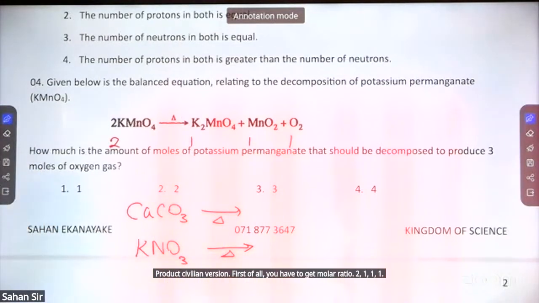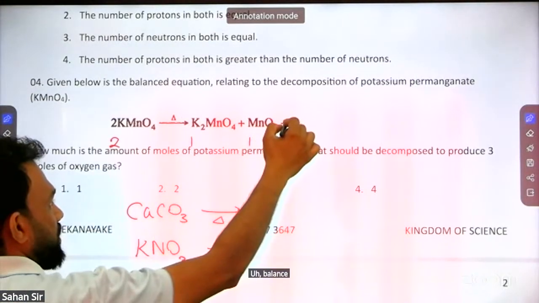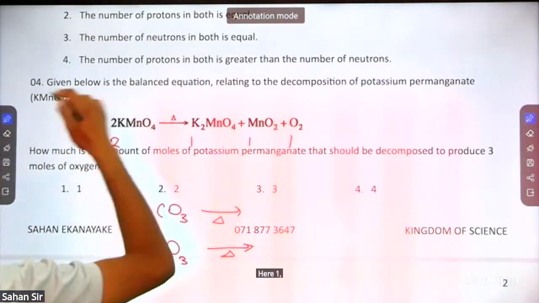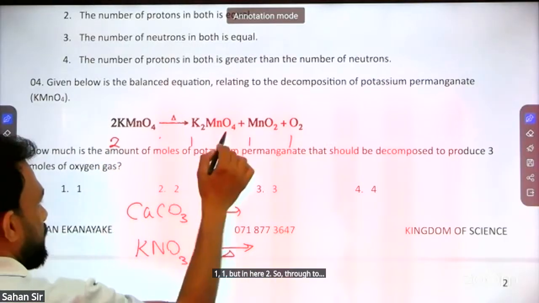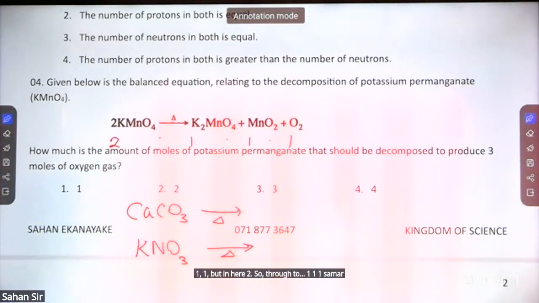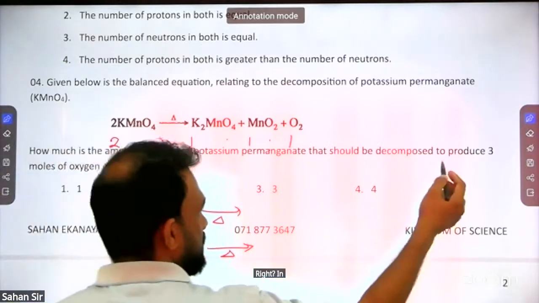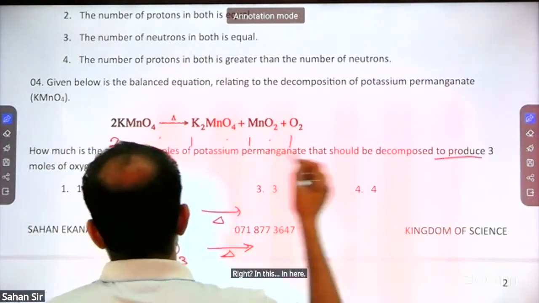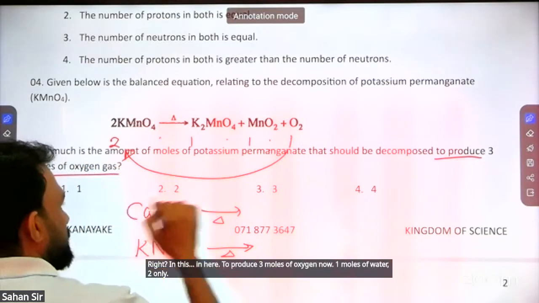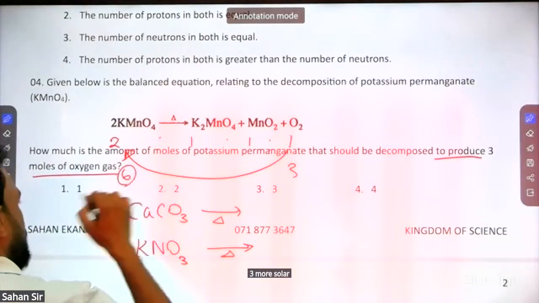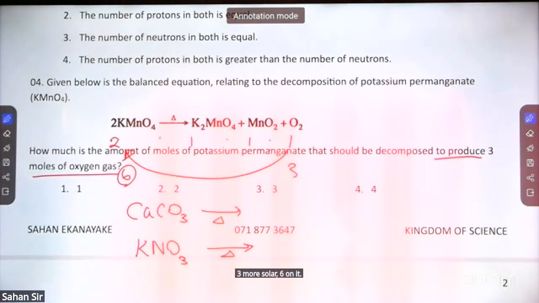Molar ratio means the balanced molar ratio. Here 1, 1, 1, but here 2. So 2 to 1, 1, 1 is the molar ratio. To produce 3 moles of oxygen, 1 mole needs 2, so 3 moles needs 6. Got it?